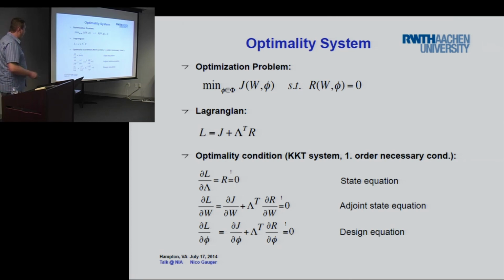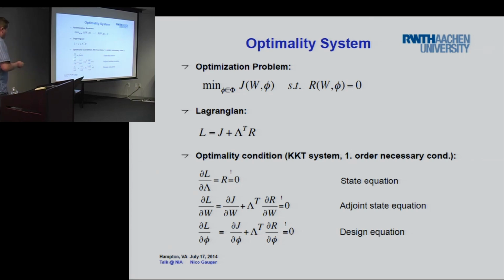If you do the other way around, you set up everything here on the top already on the discrete level, you discretize your flow problem and have a discrete version of your optimization cost functional, your Lagrangian is discrete, and then you set up the optimality condition. That's then the so-called discrete adjoint approach. So the necessary first order optimality conditions for optimality are stated here.